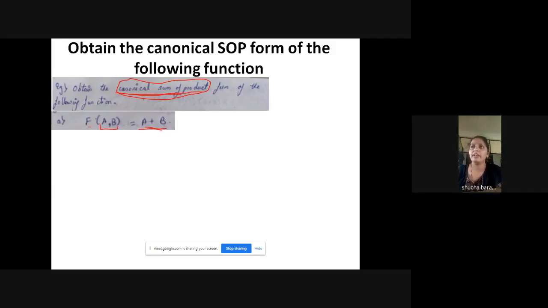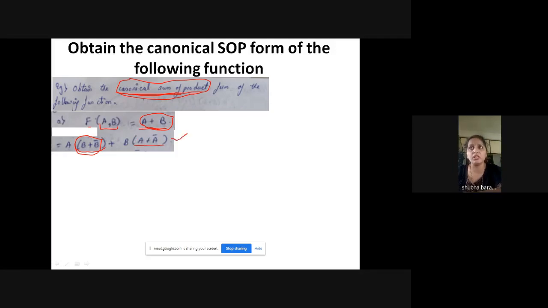Here I had a plus b. Now I have to express this in canonical SOP form. So with a, I have added b plus b bar, because a is as good as a dot 1, and that 1 I have expressed as b plus b bar. And with b I have written a plus a bar.